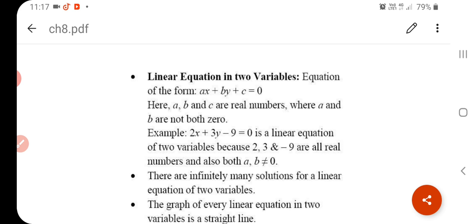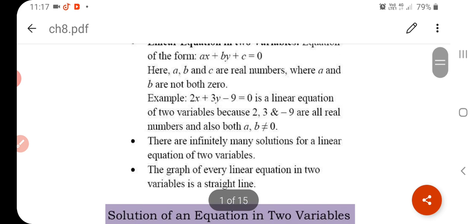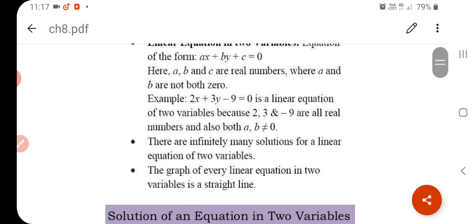If we talk about a linear equation in one variable, there is only one solution. But there are infinitely many solutions for a linear equation in two variables. The graph of every linear equation in two variables is a straight line.